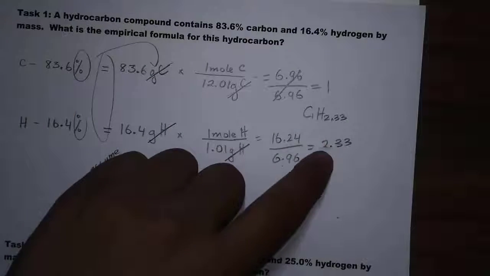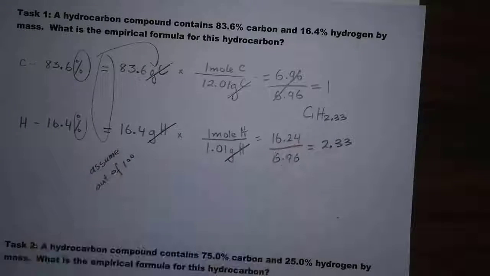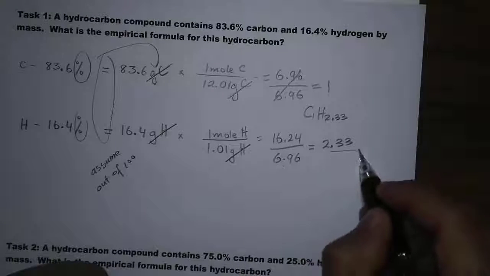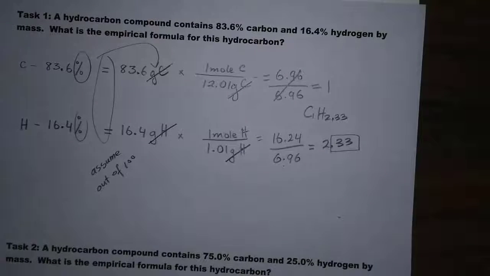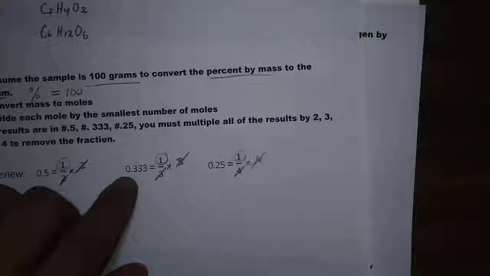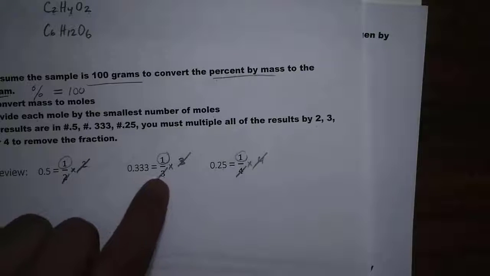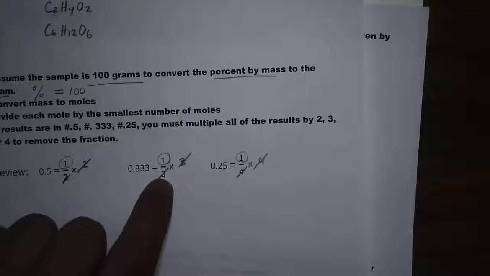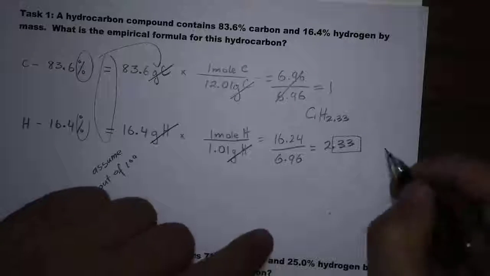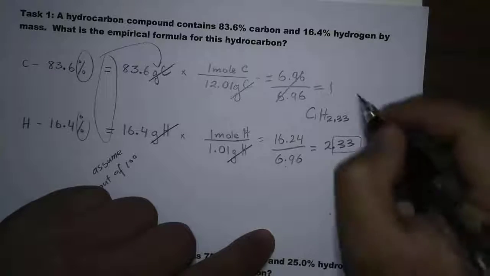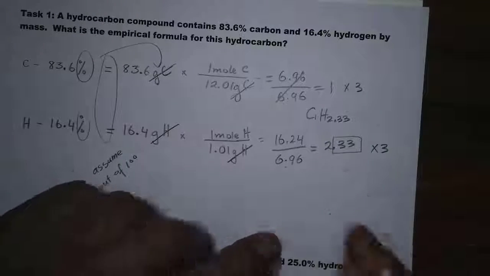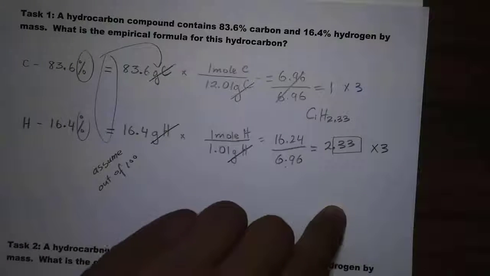This is not a whole number. 2.33 is not a whole number. So what we need to do is to get rid of this decimal somehow. And going back to our shortcut, when we have a decimal 0.33, that is equal to 1/3. And to cancel out the 1/3, we multiply by 3. So what we have to do is multiply this by 3 and this by 3, the whole entire ratio by 3.